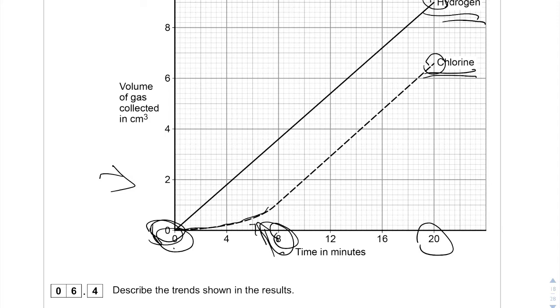But there is a distinct difference in gas volume, and it does seem a bit difficult in terms of what you should be answering here. I'm not sure if they took this off the spec or not, but I'm pretty sure that, oh wait, no, it's A-level knowledge actually.